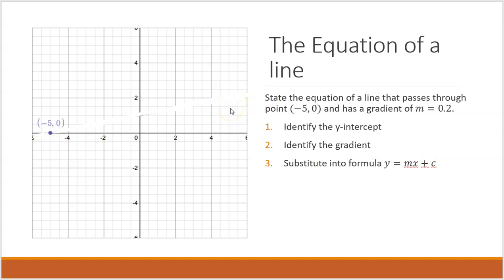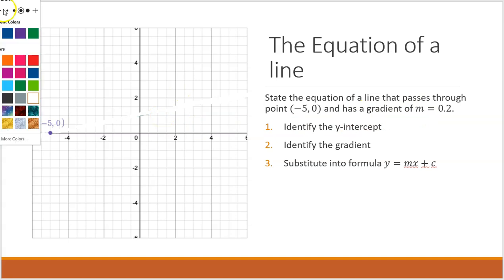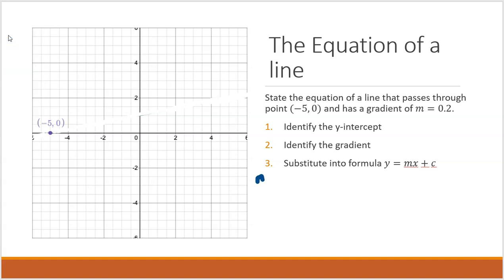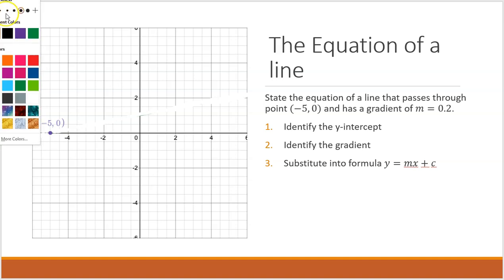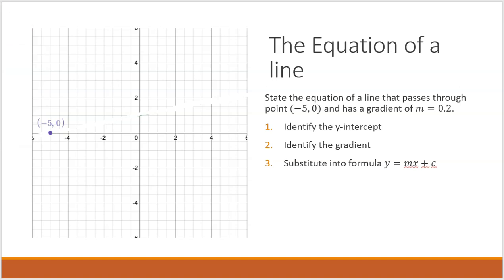So the first thing I'm going to do is graph this particular one. So what I need to do is plot (-5, 0) on the Cartesian plane over here, which I've already done, and then I have to do the gradient of m equals 0.2. So remember, the gradient is the rise over the run. Here we go.